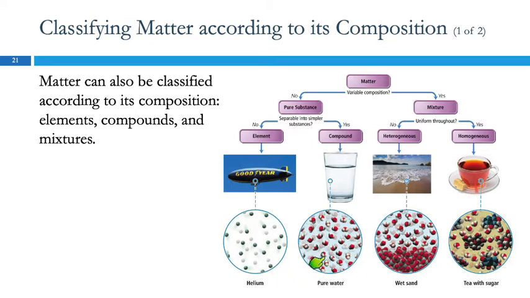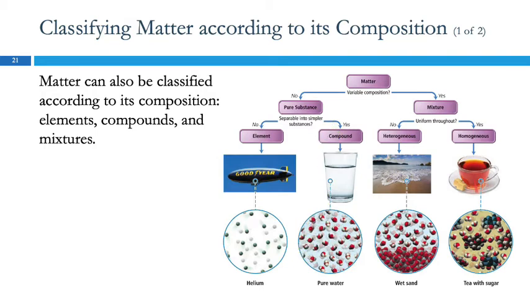Here's an example of a compound, water. So a glass of water has water molecules in it, and it doesn't matter where the water came from, all the water molecules are the same. So the composition is not variable, it's always the same. But can we break it into simpler substances?